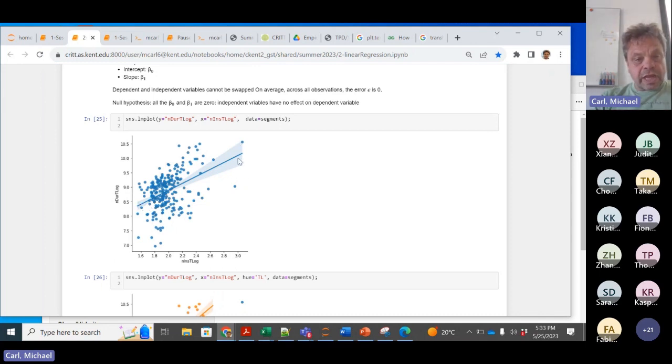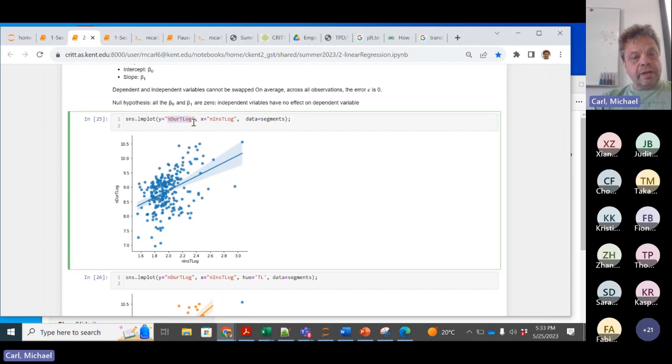These shades here would be an error margin. So the line could actually be a bit flatter or a bit steeper, but the line that is fitted here looks like this. So we have here the duration per word, log transformed, and then the number of insertions.